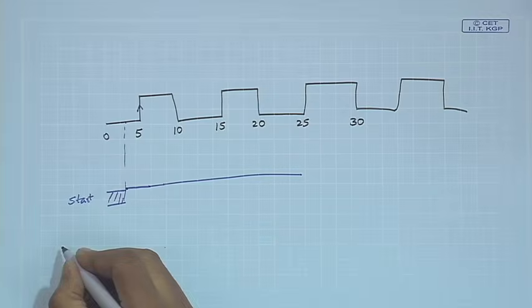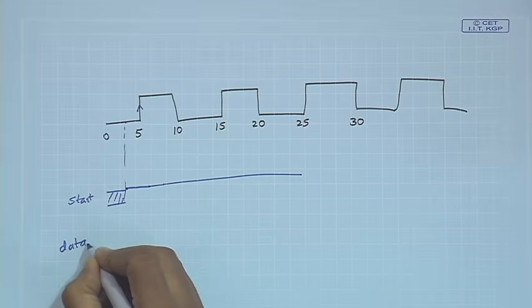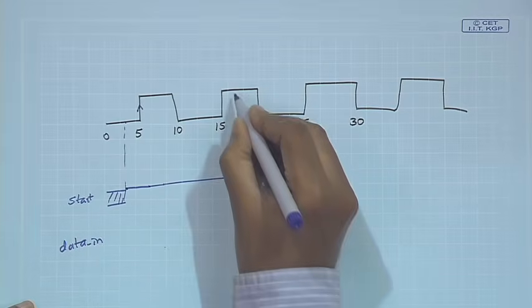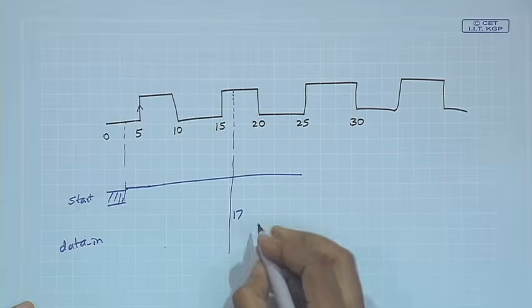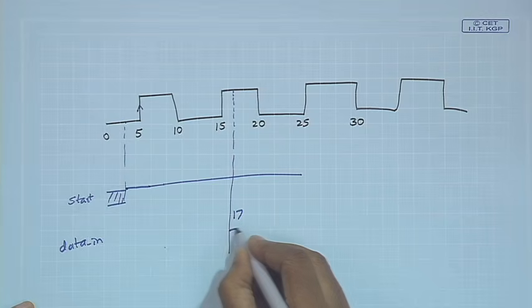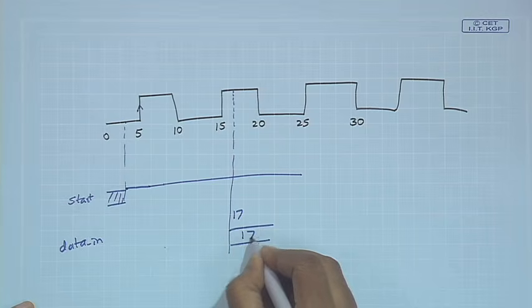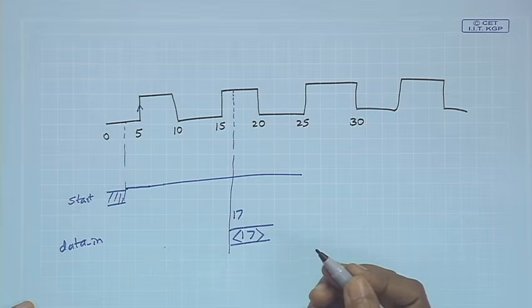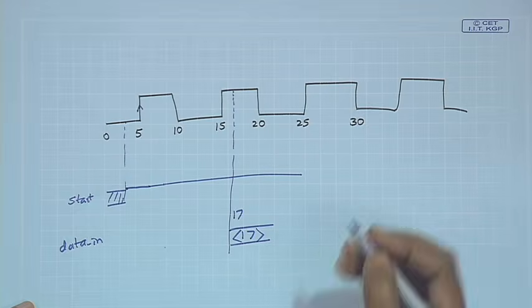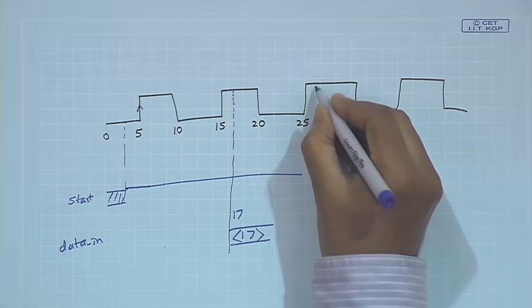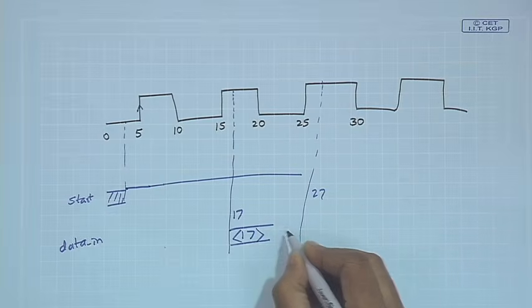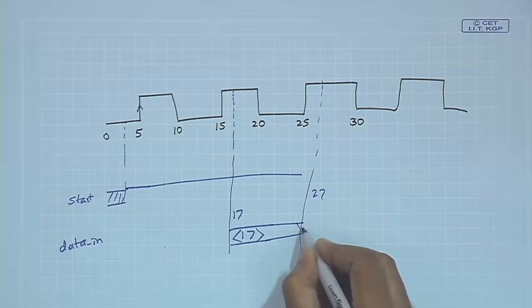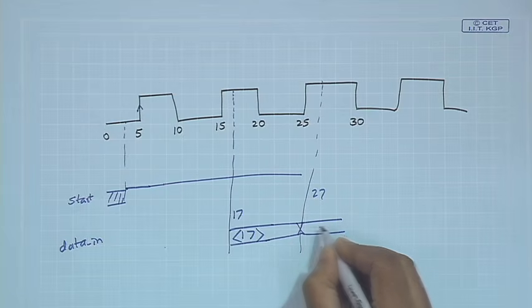So, what we are doing with data in: the first data we are providing at time 17. At time 17 we are giving the first data, which is 17, and after a gap of time 10, that means at time 27, we are giving the next data, which is 5.